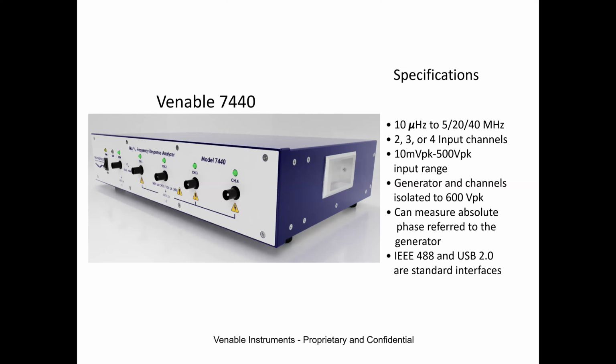So we have 2 analog channels and what we call a digital channel, which is really a communication channel using I squared C, and a generator. So it's similar. It also has a reference channel like the 350C. It needs to have a zero reference in it to be able to measure digital feedback loops.